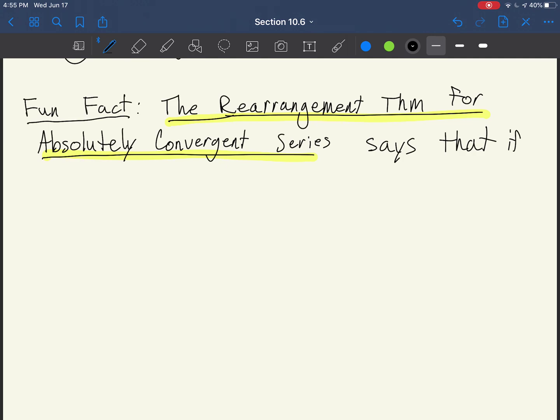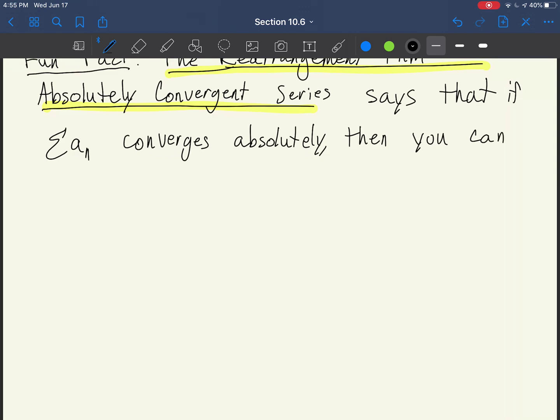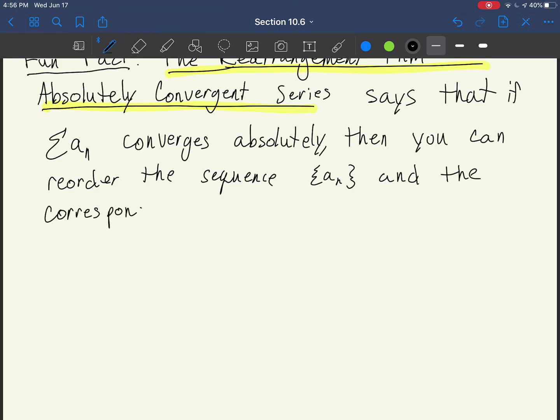This theorem says that if the summation of an converges absolutely, then you can reorder the sequence an, and the corresponding series converges absolutely also.